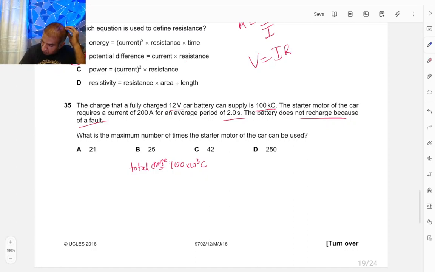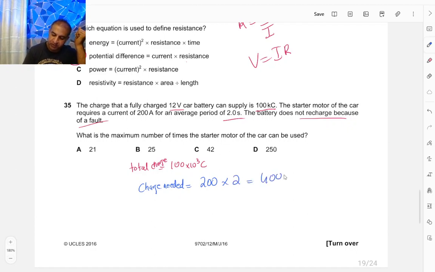So what we need to find is the charge that is actually used to start the car. So charge needed is actually 200. Q is equal to I times t, so multiplied by time. This is going to be 2. So 400 coulombs is the requirement. So we have the total charge and we have this charge needed to start the car.